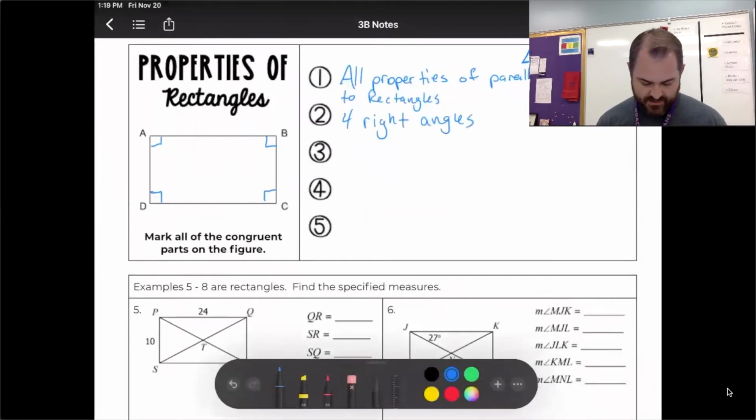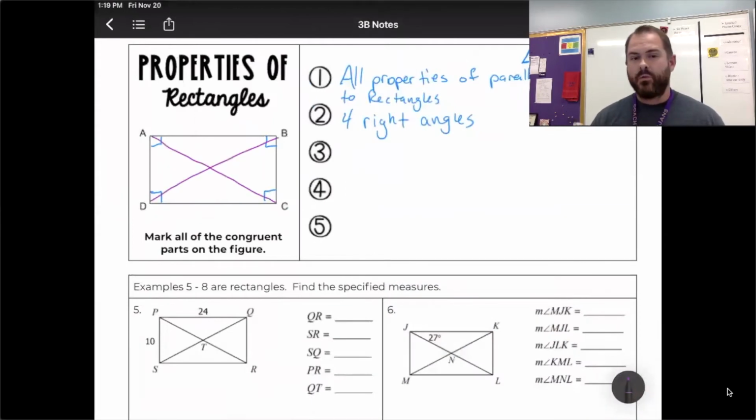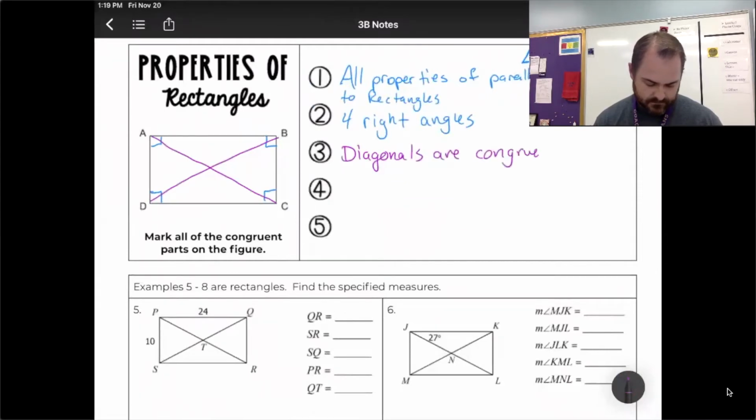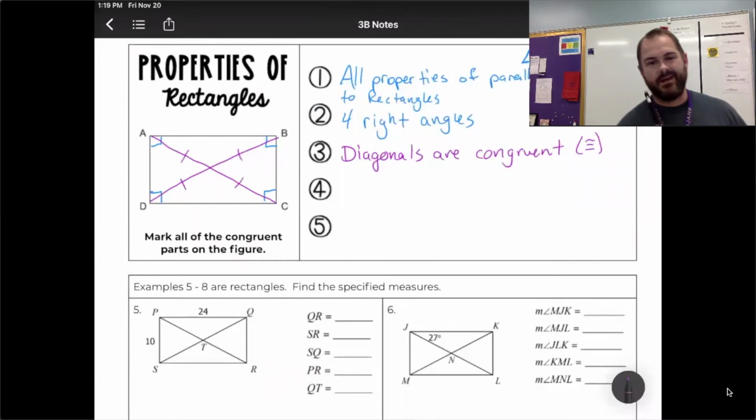And so if I draw in the diagonals here, what we notice about that is the diagonals are actually congruent. So not only do they bisect each other, but all 4 pieces would be the same because they're also the same length. All right. Now there's another property. We actually aren't going to do all 5. We're just going to use a 4th line here.